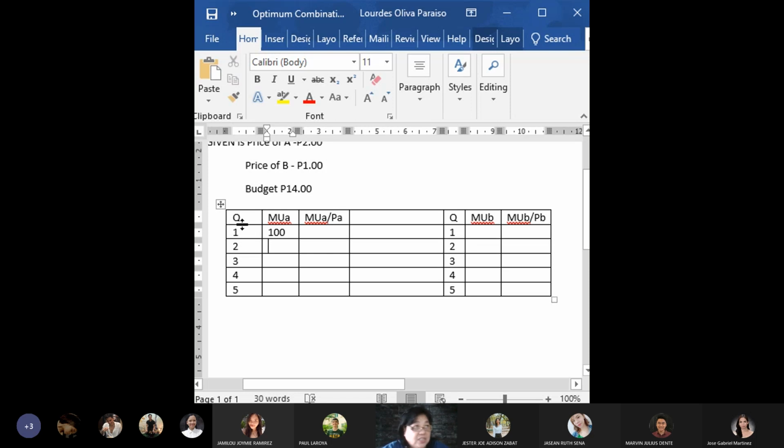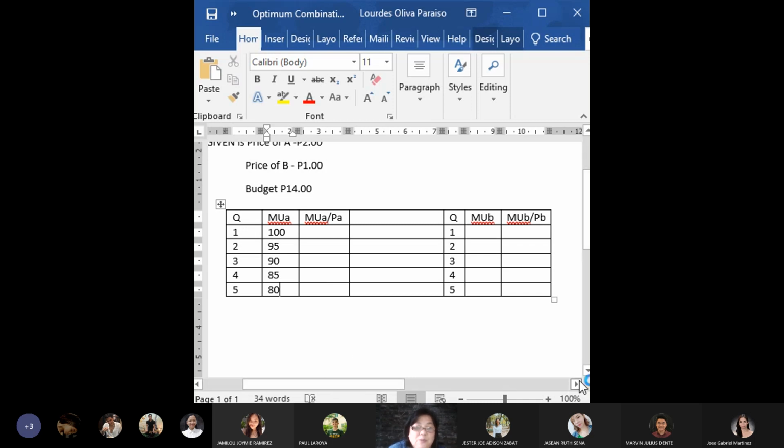The first bite of Hershey Kisses is so delicious. Of course, the second, it's not as if you have decided it the first time, right? So, assume, let's have it at 95. And then the third will have it 90. The fourth will have it 85. And then you will have 80. Okay? That is your marginal utility table for good A.